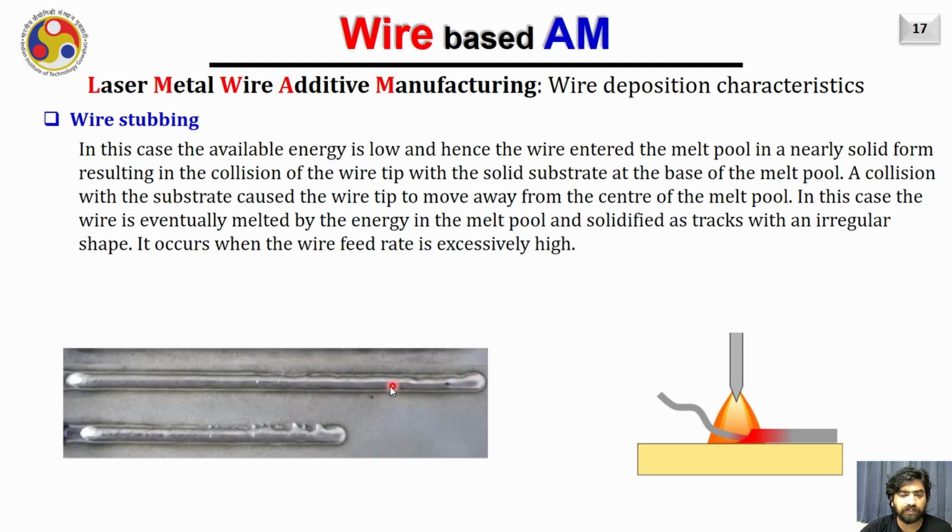Somewhere the weld bead is thicker, somewhere it is thinner, and it is discontinuous as well, and it is not following the center line of the path. This is mainly because of the wire hitting the melt pool in solid form. This particular phenomenon is called wire stubbing.